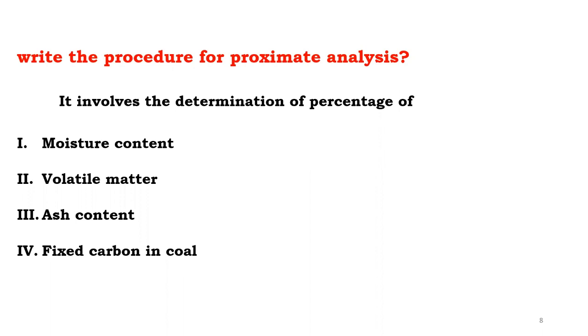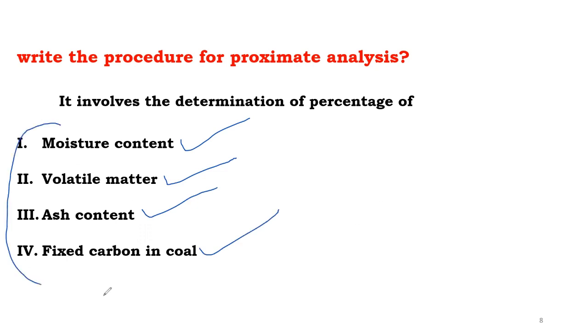First, we'll see what a proximate analysis is. It involves the determination of the percentage of moisture, volatile matter, ash content, and fixed carbon in a coal, and this is called proximate analysis. If anybody asks what a proximate analysis is, it is the analysis of moisture content, volatile content, ash content, and fixed carbon in a coal.